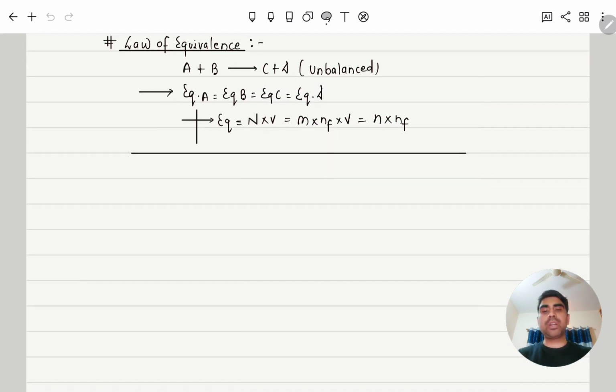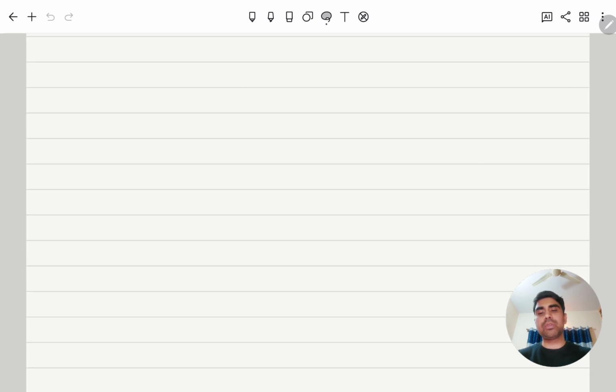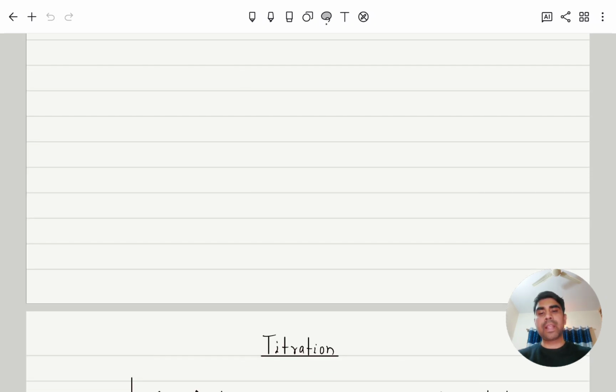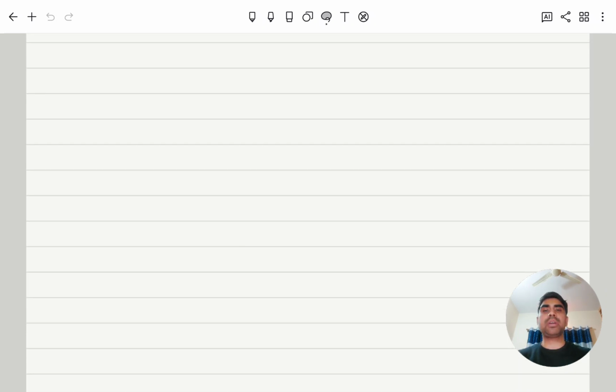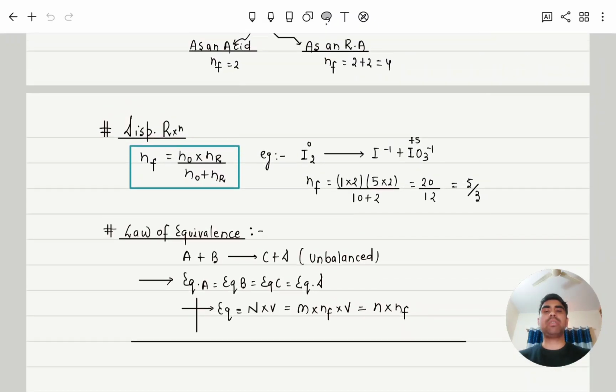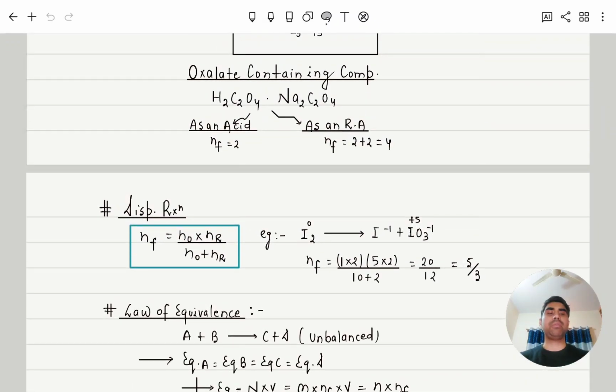Further from here, in the next segment we will do titration. So till here I am stopping, and after that we will start titration, where we will discuss 5 types of titration: acid base titration, redox titration, back titration, double titration, and iodometric and iodimetric titration.